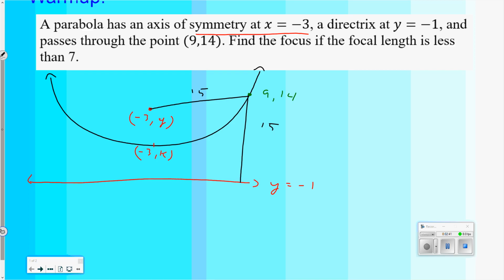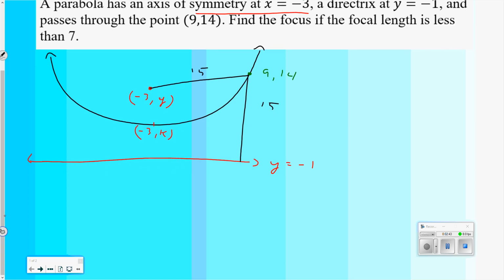So from here, I can use my distance formula. I can say that distance of 15 should equal the square root of, one point minus the other, so (-3 - 9) squared plus (y - 14) squared.